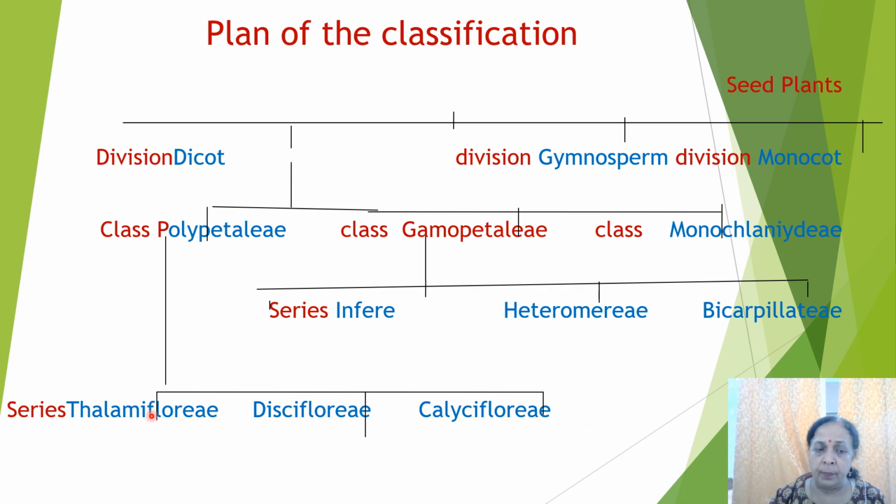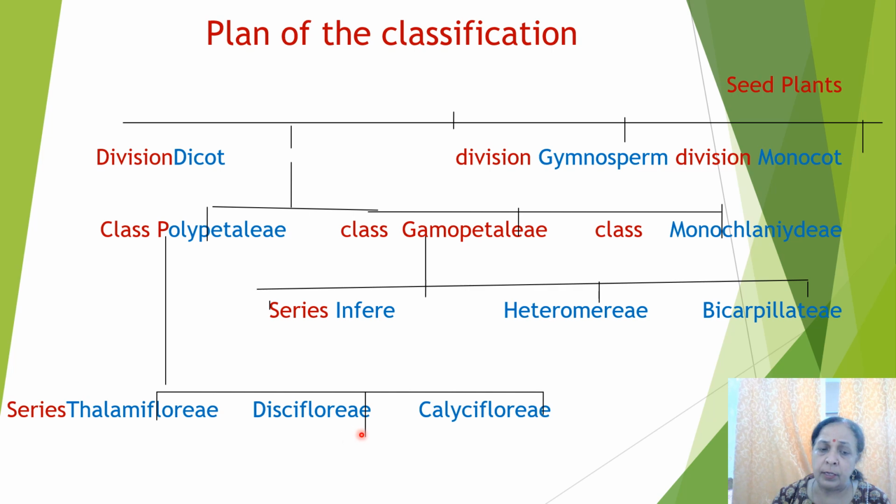Thalamiflorae includes hypogynous flower bearing families where the thalamus is dome shaped.